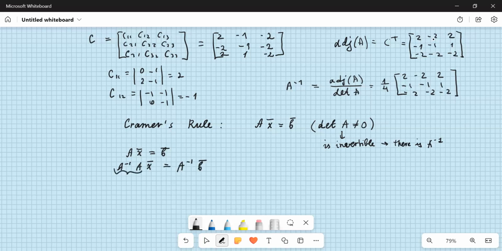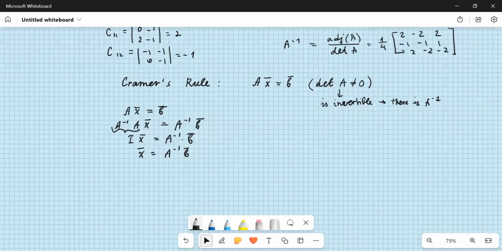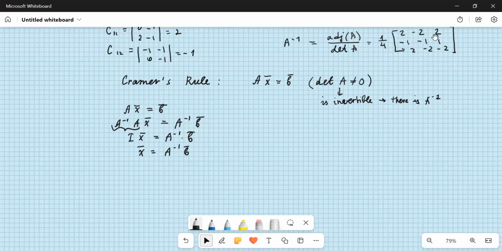Because A and A inverse are inverses, we are going to have identity times X here, and A inverse B. And identity times X is going to give us X equals A inverse B. So basically that's a formula we knew already. Today we added to this knowledge how this A inverse looks.